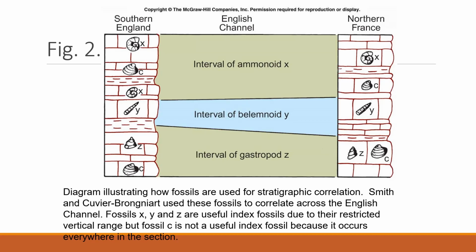We see some of the same fossils, and some rock units that seem to correlate very closely, but we also have fewer rock units in northern France than in southern England. So we can use these biozones to try to complete the two rock columns.